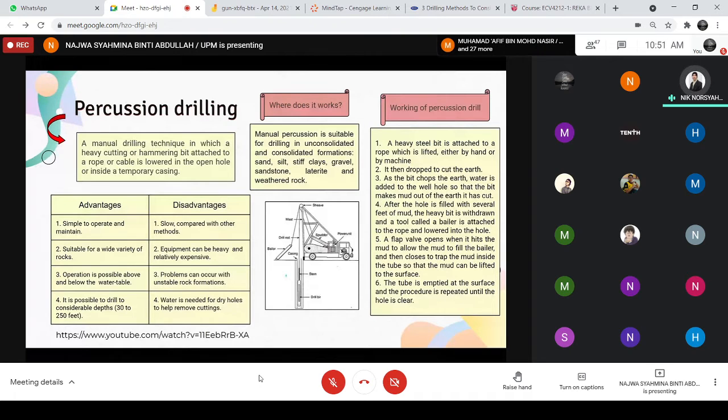Just bear in mind we're still in the exploratory part, where we want to explore the site. One thing for sure, you need to prepare boreholes, and to do that you have to drill.